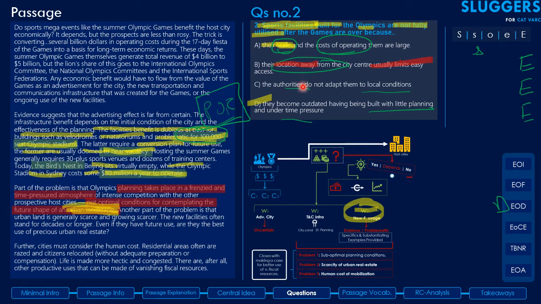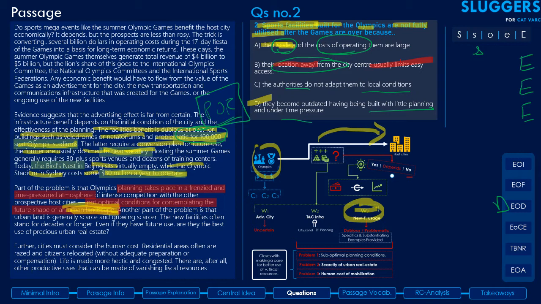So the author throughout the passage has made many arguments about how these events hardly ever provide any economic benefit to the host cities, but nowhere has he given this as one of the reasons. Nowhere has he mentioned in the passage that the location of these sports facilities is away from the city.